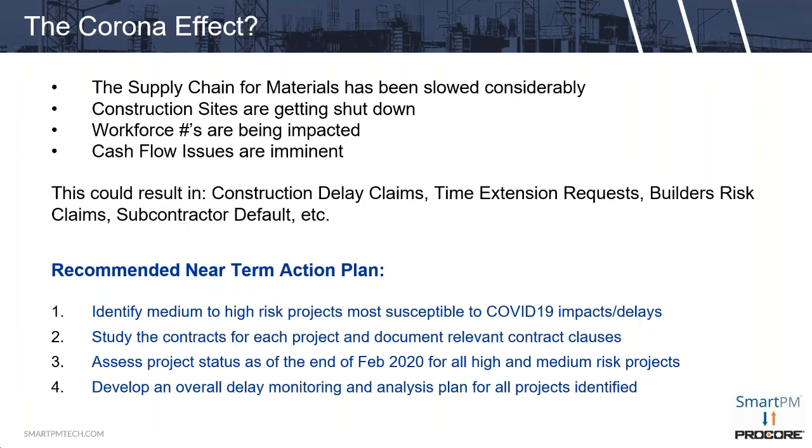It should not be number one, let's go build a claim. It should be communication and collaboration on how we can still get to our end goal, which in many cases is delivering a project or a building. And I think at times like now, it's where we need to pull together and really enhance the level of collaboration that we have with our partners and with our team members on these projects.